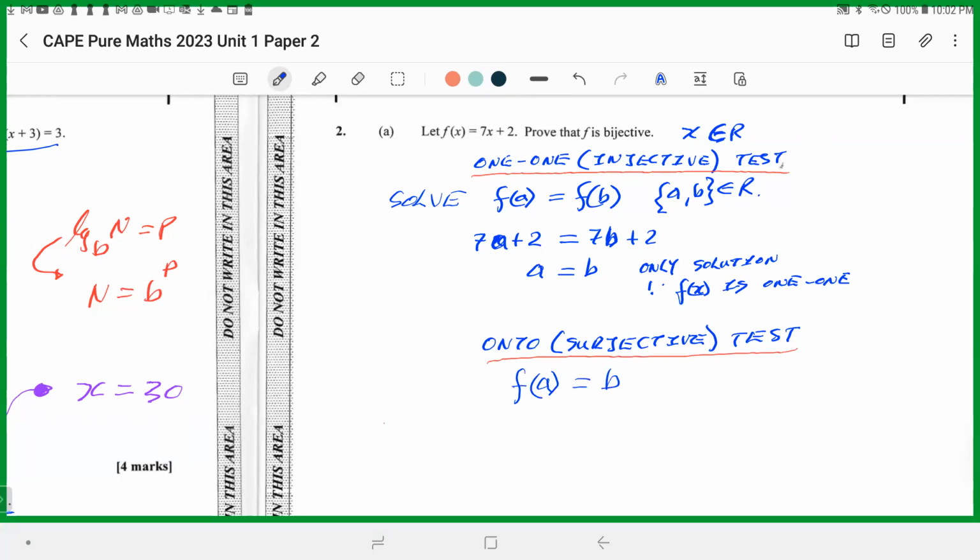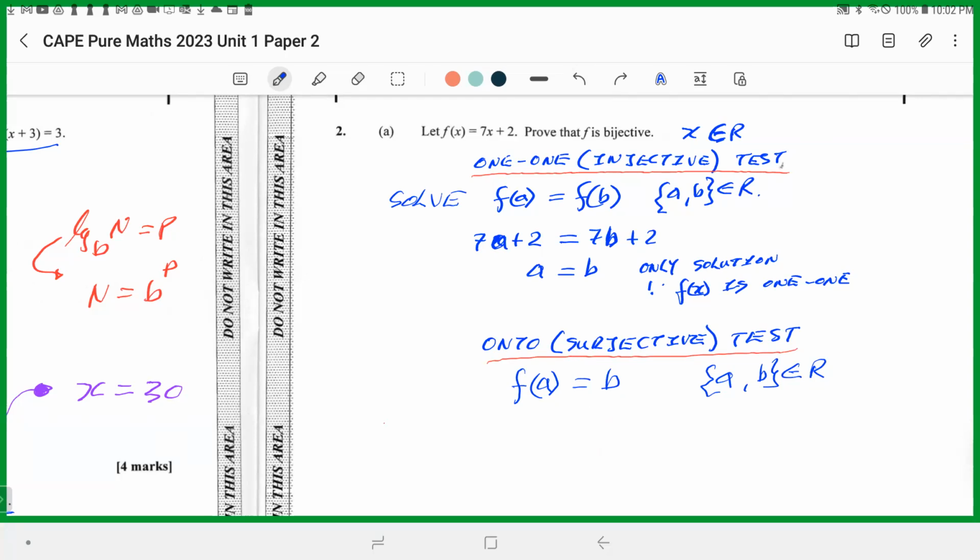Where both a and b are real numbers again, because we're operating on the set of real numbers. So the input values are real and the output values are real. Now, this is a domain value and this is a codomain value. You have to set up the function, transpose it, and see if there is any b value that will cause you not to have an a value.